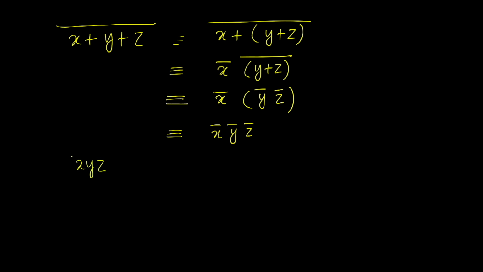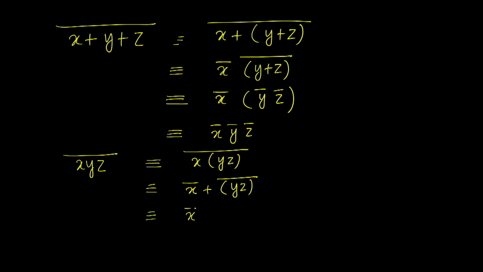Similarly, as a dual, we can also find that the complement of x and y and z is this by associativity of conjunction, but that is x bar or yz bar, but yz bar is y bar or z bar, which by associativity can be written in this fashion.